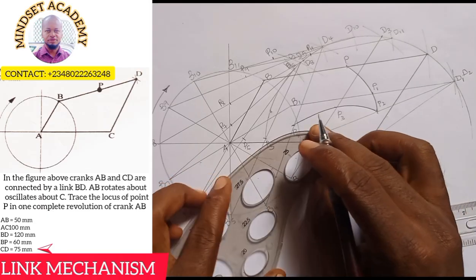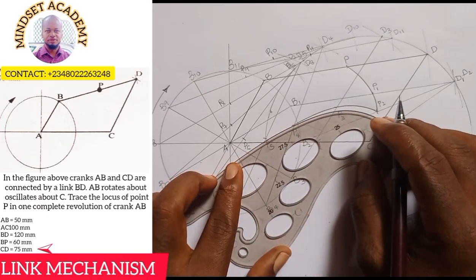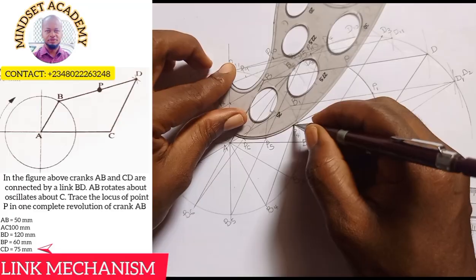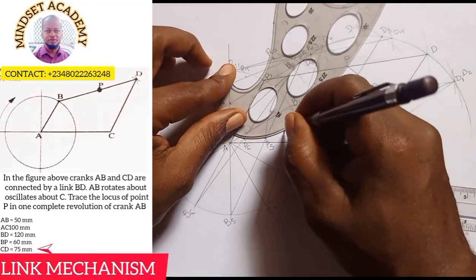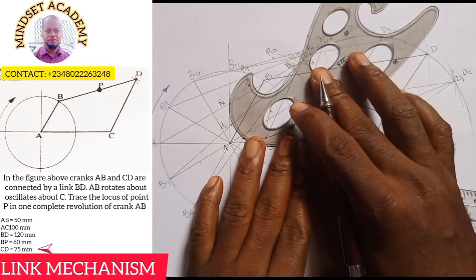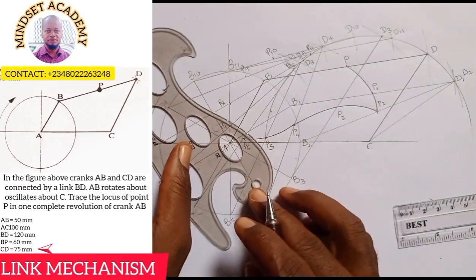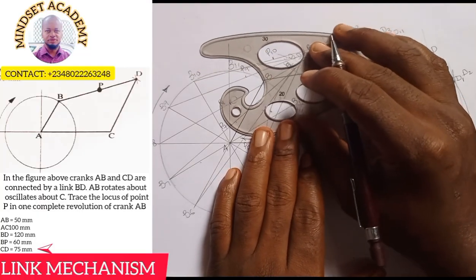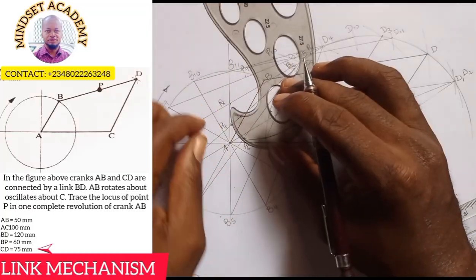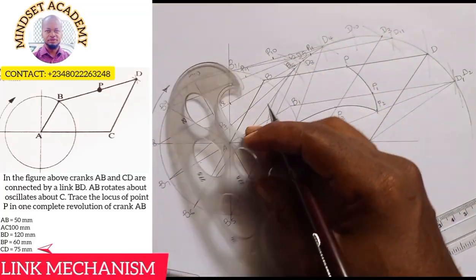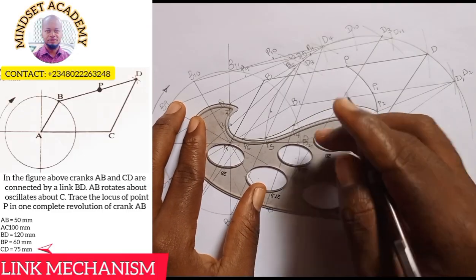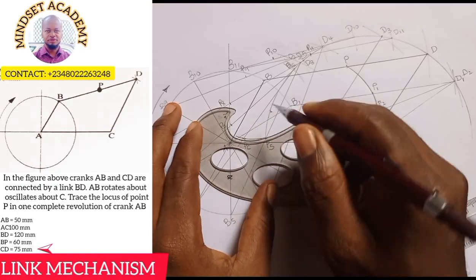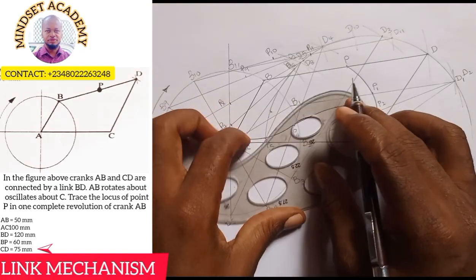Then P4 to P5 and P6 together. Then you can easily come here. Let's come here first. We'll come back there.